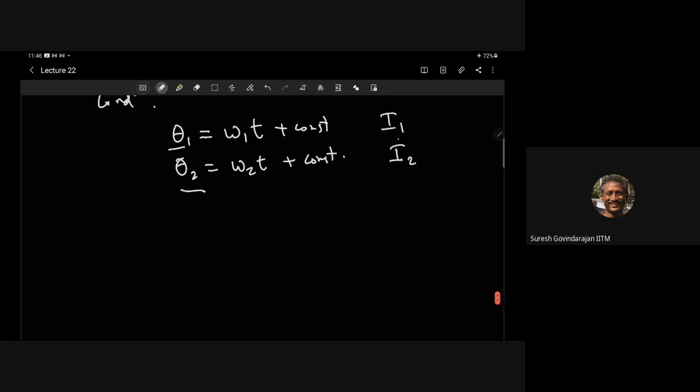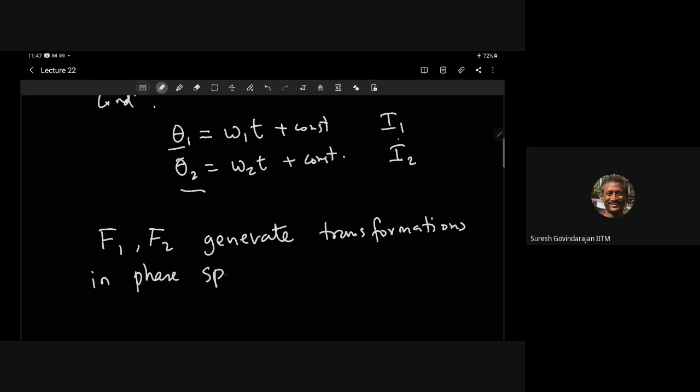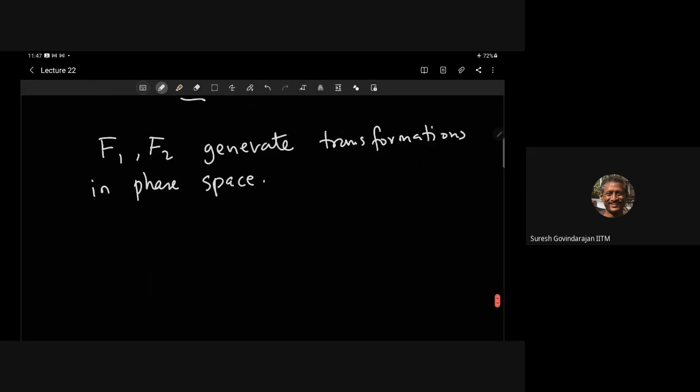What do I mean by that? Let's understand that. Let's say that F1 and F2 generate transformations in phase space, as we saw in our previous assignment. What does that mean? It says that, let x be any of q and p, so x_i, i goes from 1 to 2n.